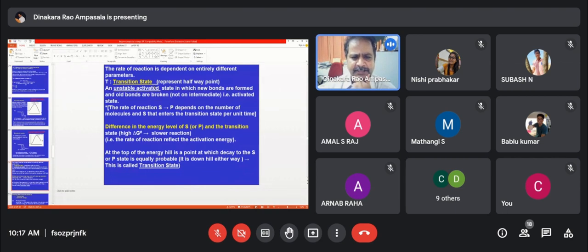The difference in energy levels between the substrate or product and the transition state reflects the activation energy, which determines the rate of reaction. At the top of the energy curve is the point at which decay to substrate or product is equally probable. That's what I told you: when the enzyme substrate complex is formed, there are equal probabilities. It may turn back to enzyme and substrate, or it may go forward to enzyme and product.